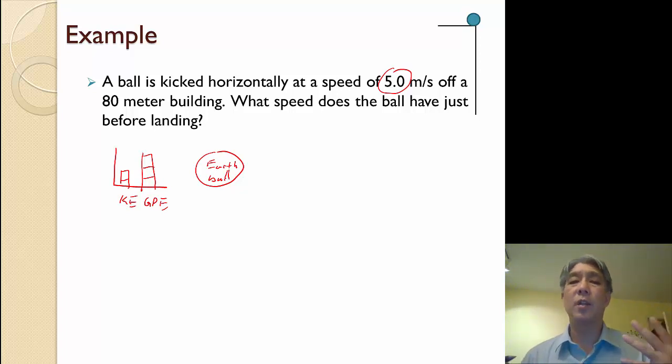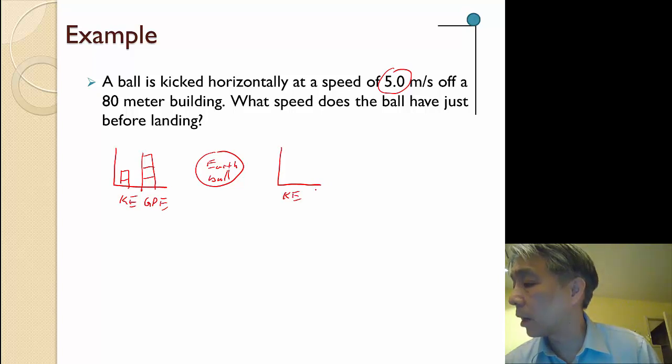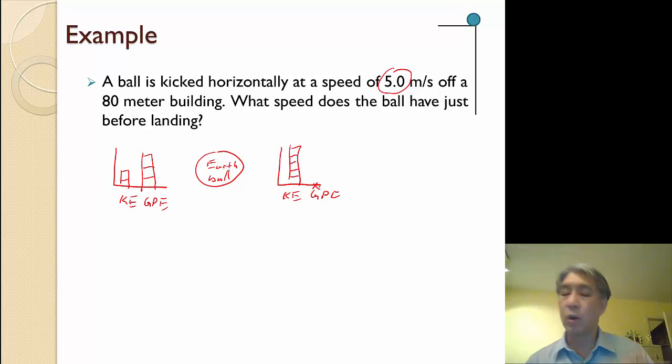The Earth is the only force that's going to be in operation here, the force of gravity. At the end, just before it lands, I have a lot of kinetic energy, 5 units, because I have no gravitational potential energy just before the ball lands. So that's how my LOL diagram works, just to identify what energies I have.